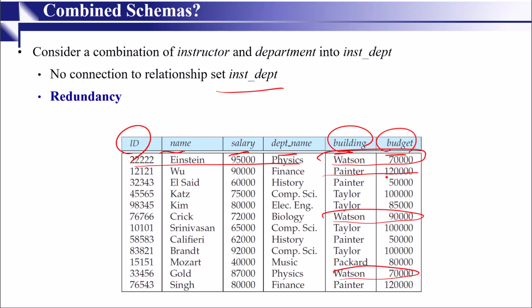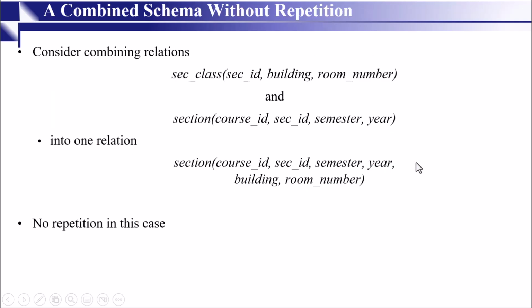Or Painter, right? So this is not optimal, we are repeating. And this repetition means the department details like building and budget appear multiple times for the same department. This kind of redundancy can lead to inefficiencies and inconsistencies, highlighting why we need careful design in order to avoid such issues. So we are going to solve this issue using normalization in this presentation.